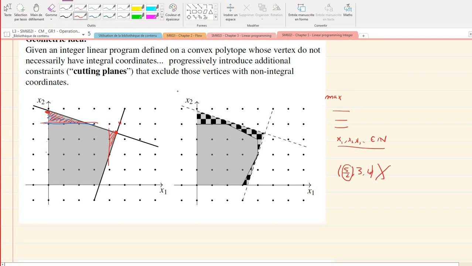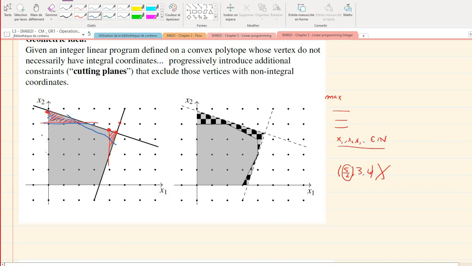But in fact no, I will solve it again. I will find that my solution is this corner, which doesn't have integer coordinates. I will introduce a new cut, maybe from here to here. You see, I will always do the cut to exclude the point that was the solution and exclude an area that doesn't contain any integer coordinates.